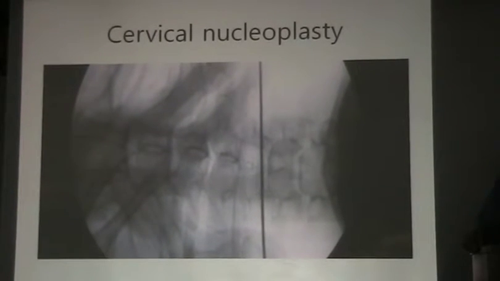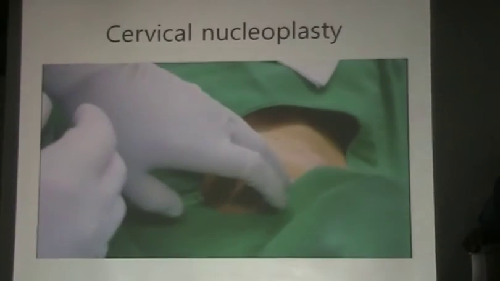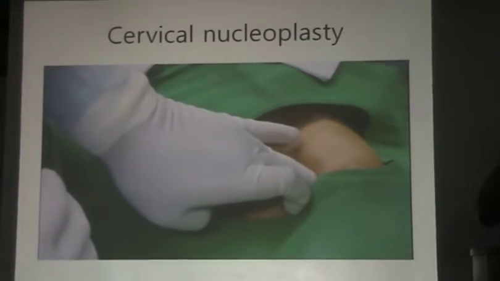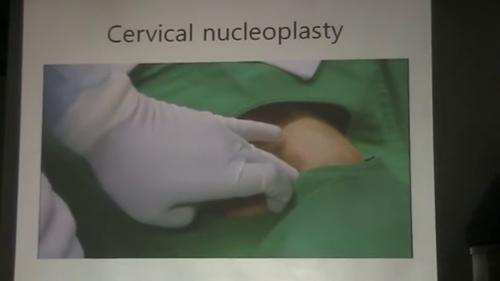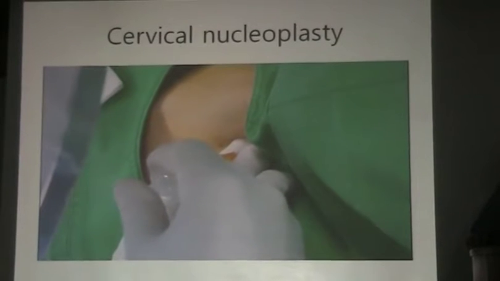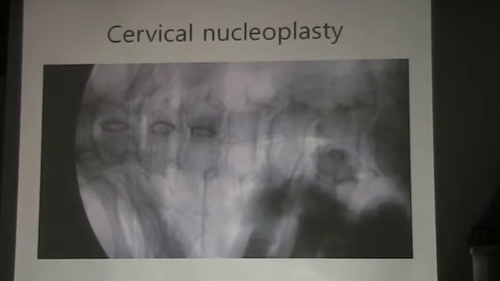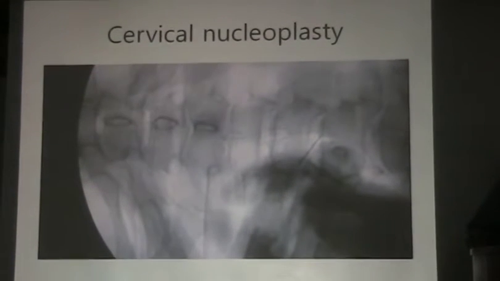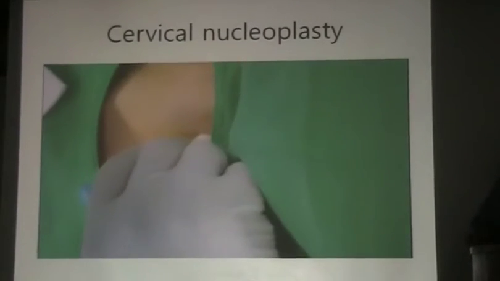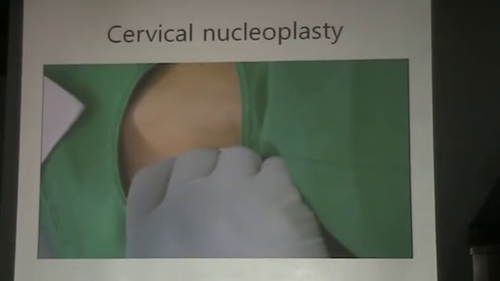True AP and lateral view is very important to the target. And I use the two finger technique. So press the trachea and esophagus to the contralateral side and inject local anesthesia like this, and local anesthesia to the operation field, and needle insertion in the midline of the disc space like this.